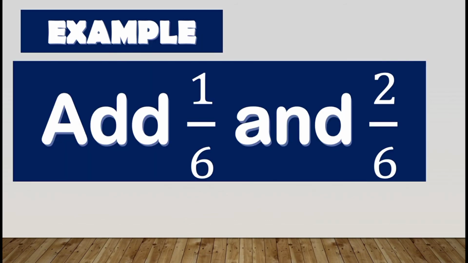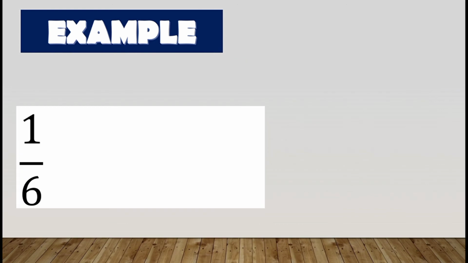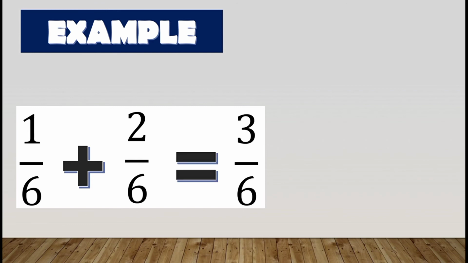Let's have example number 2. Add 1/6 and 2/6. 1/6 and 2/6 is an example of similar fractions. Again, adding this, we will simply add the numerators 1 and 2 and copy the denominator, which is 6. Therefore, the answer is 3/6.